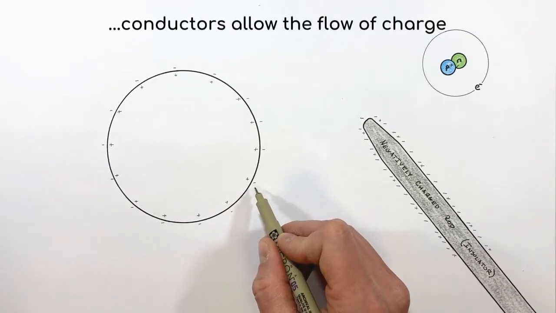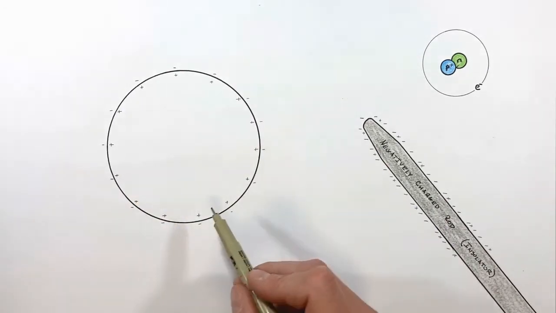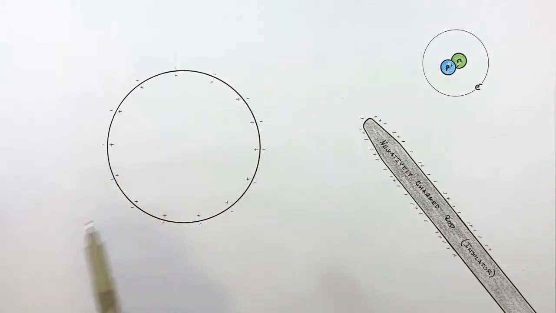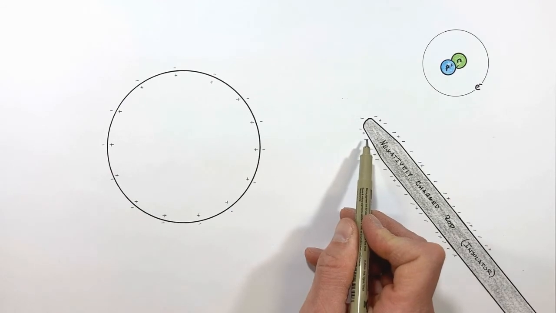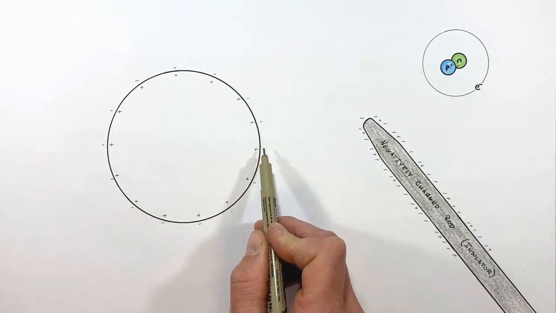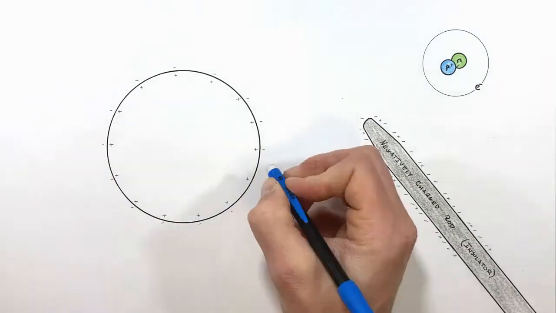And that means it allows the negative charge, or the electrons, to freely move around inside this material, or the aluminum which the can is made from. So when we place this rod close to the can, there's a repellent force between the negative charges of the rod and the electrons in the can, which pushes the electrons to this side of the can.